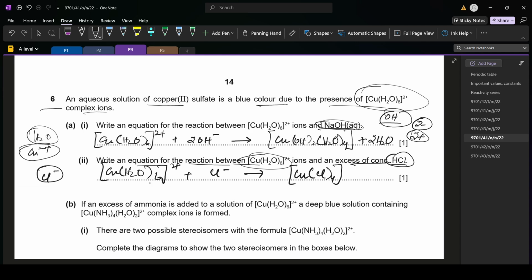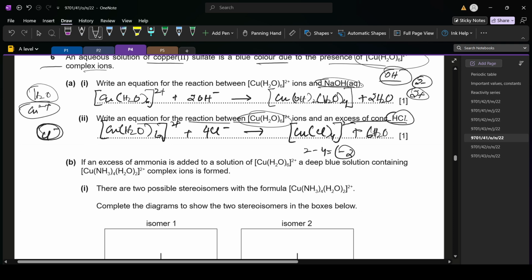That's going to be the structure, and chloride ions have a charge of 1 minus, and there are 4 chloride ions. The charge on copper is 2 plus, so 2 minus 4 equals 2 minus, so the charge here will be 2 minus, plus 6 water molecules. You also have to balance it. So these equations you have to remember, and you also have to remember the colors of these complexes.